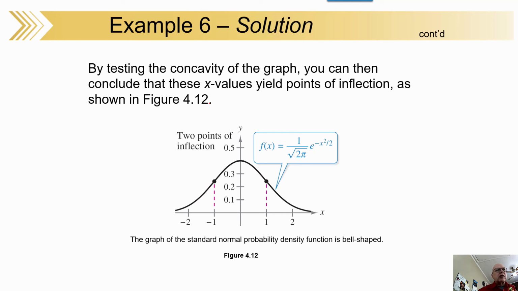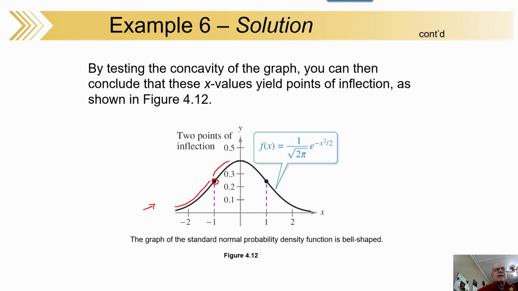Remember, inflection point means if I'm coming from the left to the right, which is the way we look at it, the curve is getting steeper and steeper until this point. That's the inflection point. After that inflection point, the curve starts leveling out.